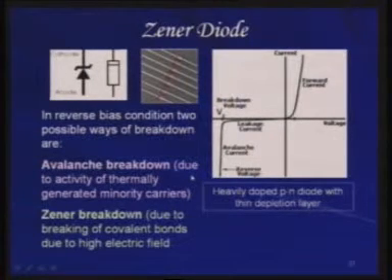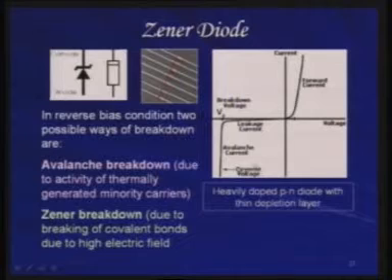This happens because of the potential that you are applying across the junction, which is the depletion region, because of very heavy doping. In the case of a standard PN rectifier diode, if you apply a very high doping level, the depletion layer is very thin, and so when you apply a voltage across that thin depletion layer, the effective electric field across that layer is very high, which breaks certain bonds and frees some carriers and allows a flow to take place.